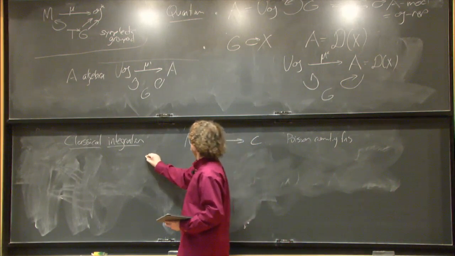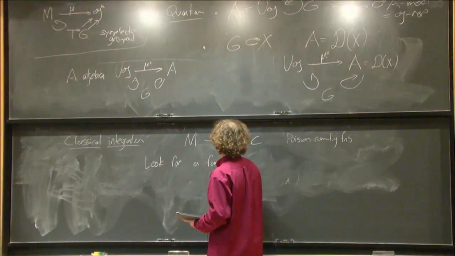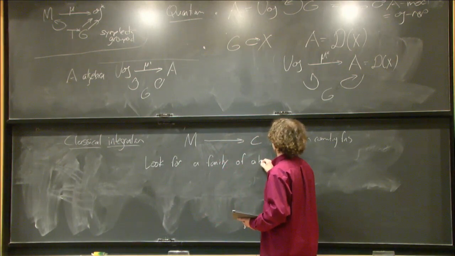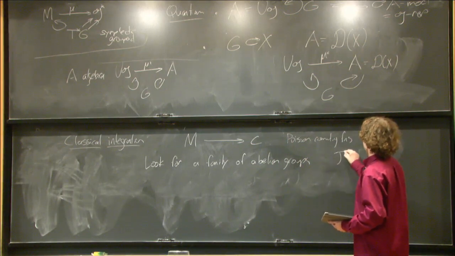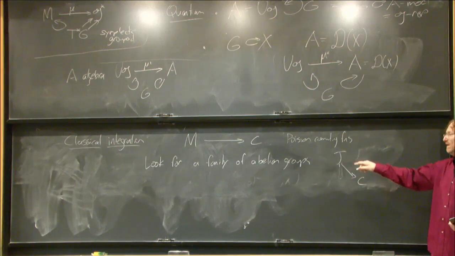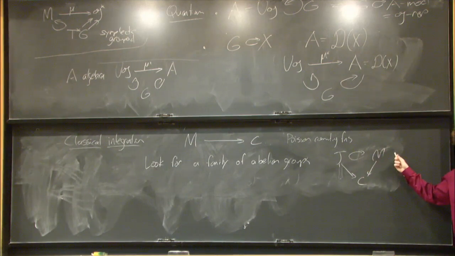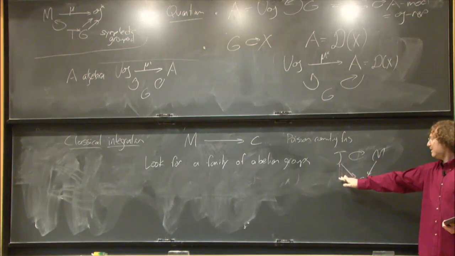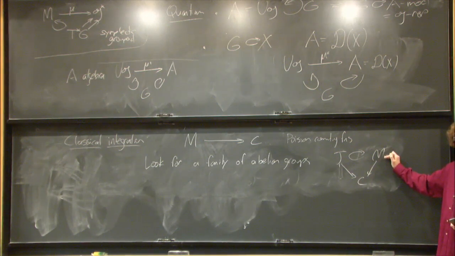The problem of integration is to look for a family of abelian groups, or if you'd like, a flat group scheme over C. So a family of groups: for each point in C, I'm going to give you a group which acts fiber-wise on M, such that the Lie algebra gives the original flows. Does that make sense? So I have a bunch of vector fields. I want to integrate them. The group is going to depend on where you are in C. So it'll be a family of groups over the space that'll act on M, integrating these flows.